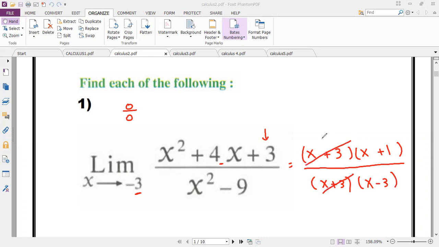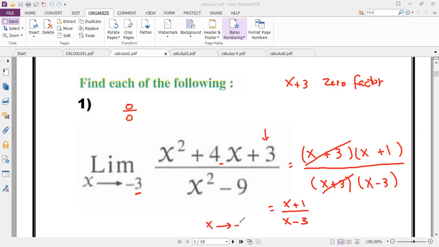You know that x plus 3 is called the 0 factor. This is the factor which makes the top 0, and this is the factor which makes the denominator 0. I have got rid of them. So you end up with x plus 1 over x minus 3.